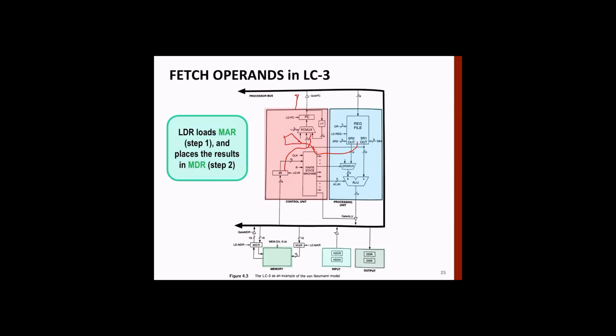The output of our effective address goes here, and then from the memory address register, the corresponding data will go to the MDR. So it's like this. From the bus, it comes to MAR and comes to MDR.